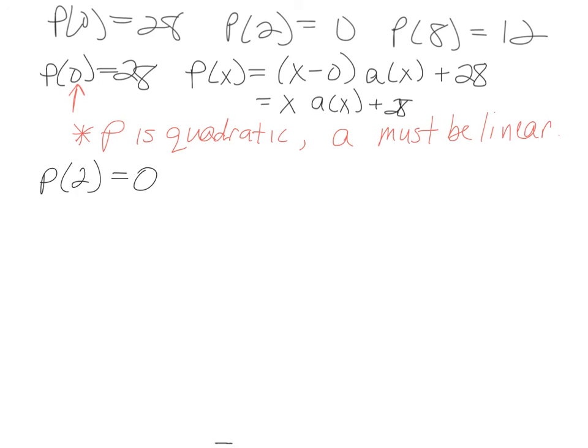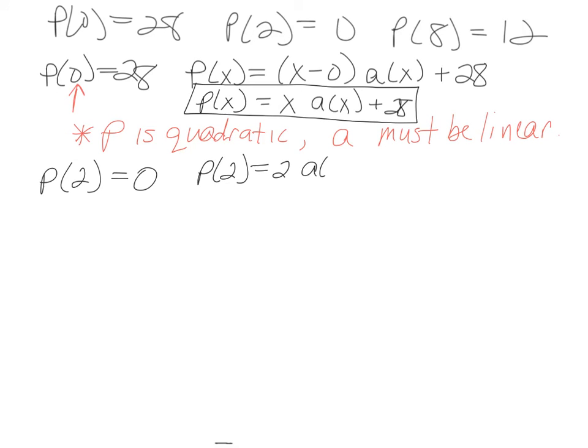Okay, plug that in. I'm going to write this right here. I'm going to use this equation, so I'm going to circle it so I can find it again. So P of 2 equals 0. Let's go ahead and use that. P of 2 equals 2 times a of 2 plus 28, and that equals 0.